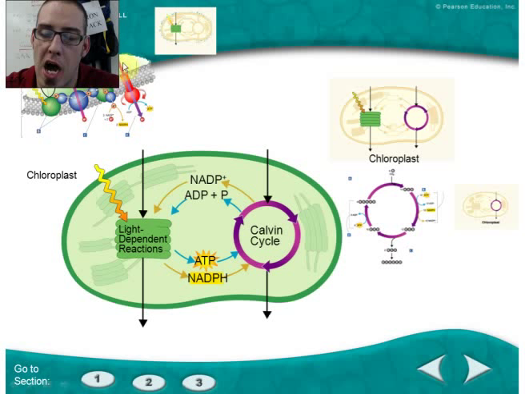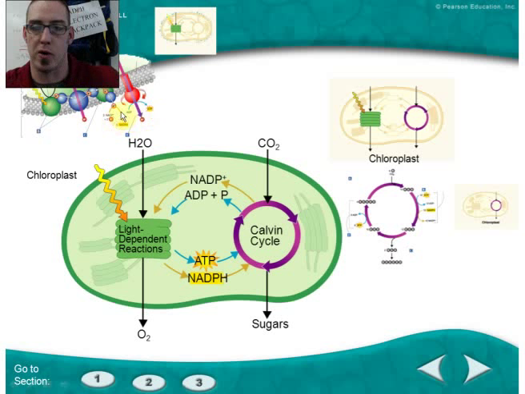Now, because we have a higher concentration of hydrogen ions on the inside of the thylakoid membrane, in the lumen of the thylakoid, those hydrogen ions will move through an ATP synthase to make ADP into ATP. So again, it's kind of the same principle as the electron transport chain of cellular respiration.